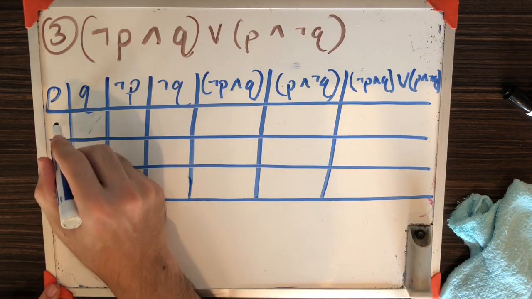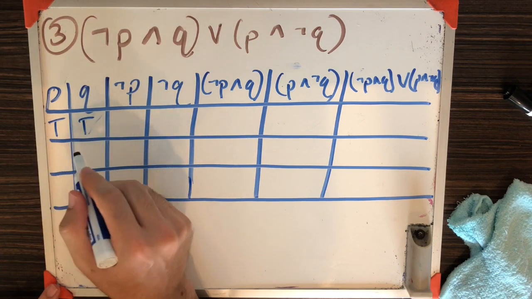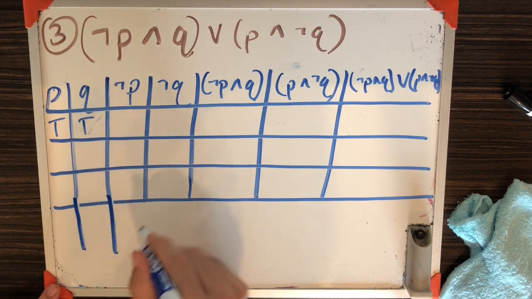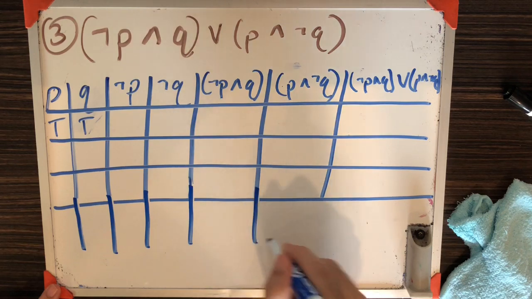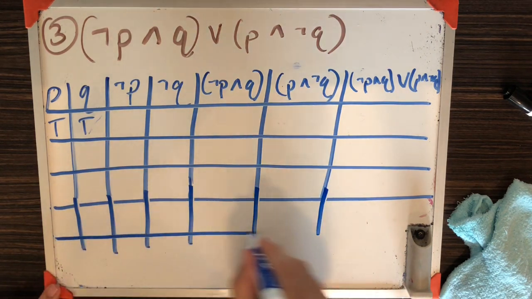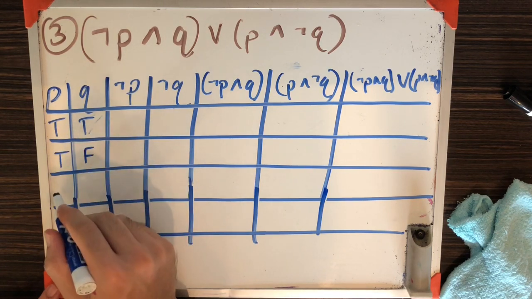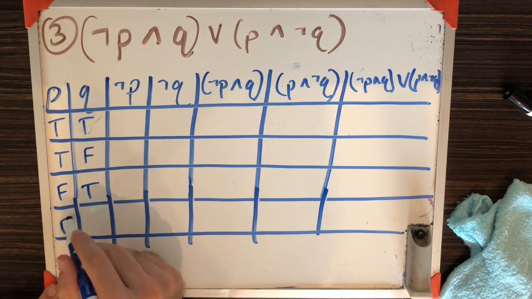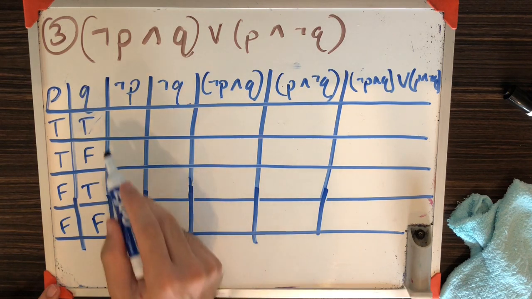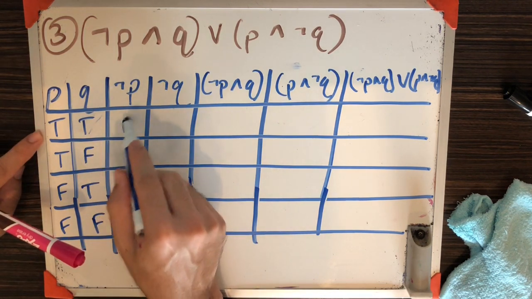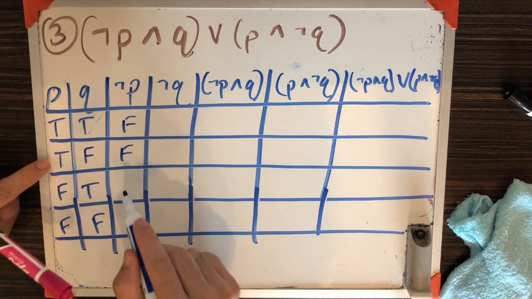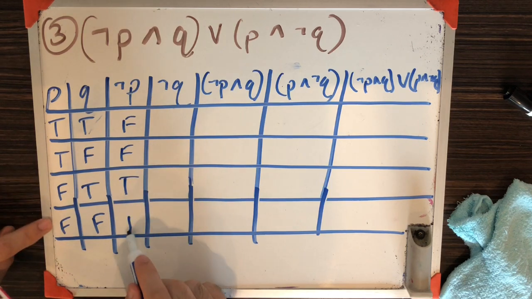Of course I have true, true. I need one more bar. True, true, true, false, false, true, and then false, false. Negate P, again, let's go down the line. That's false, false, true, and true.